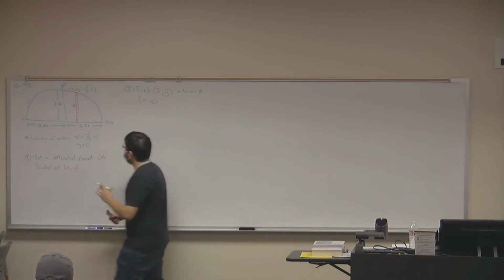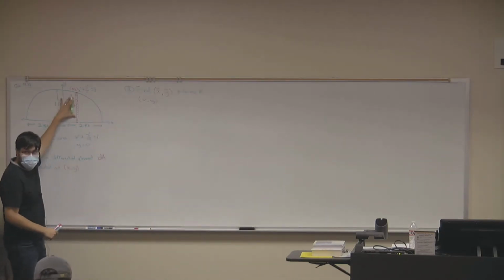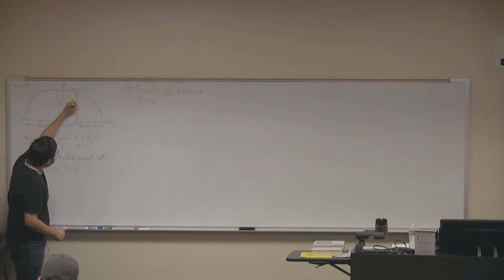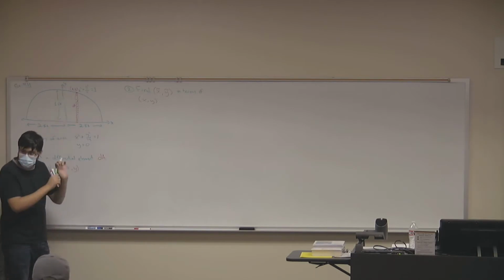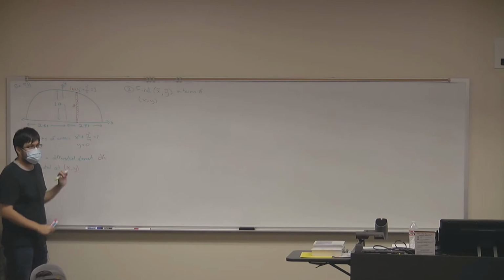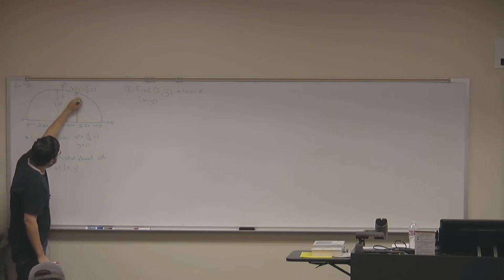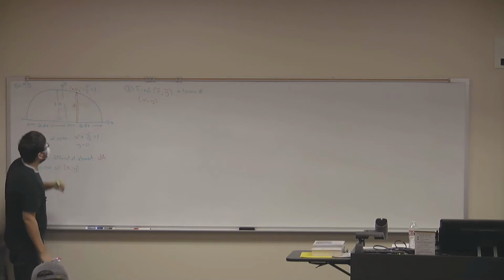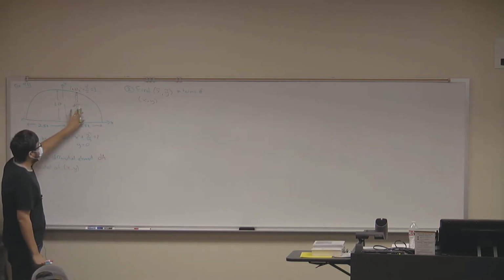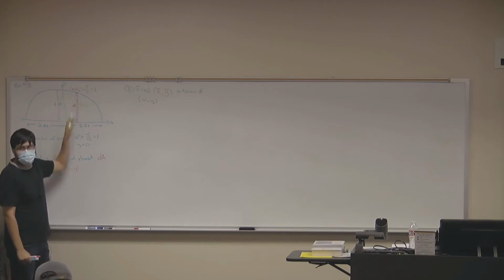So I know that for this tiny element dA, the really, really small element, the centroid of this tiny element, just for that element, is going to be located at the center of the rectangle. And I'm going to call this coordinate x squiggly, y squiggly. Now my question is, how does the coordinate point x squiggly, y squiggly relate to the coordinate point xy?